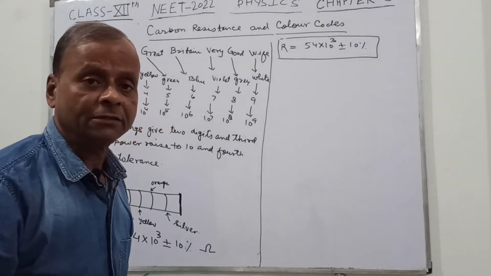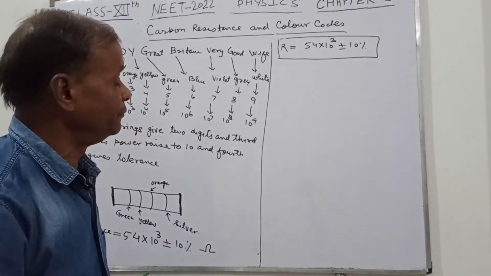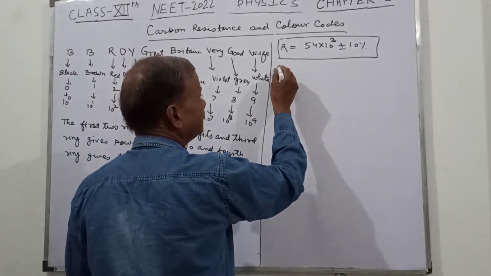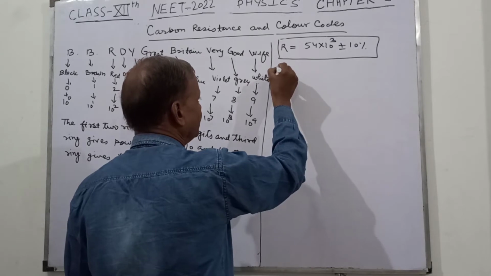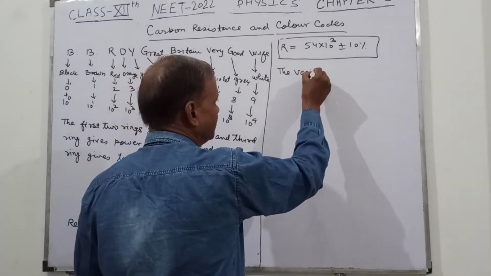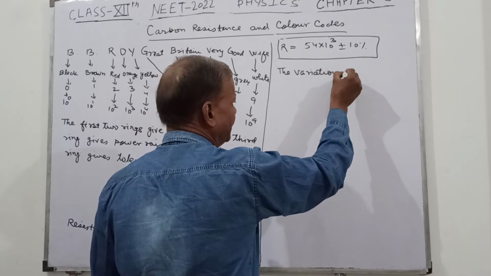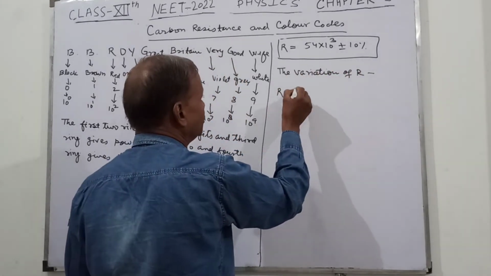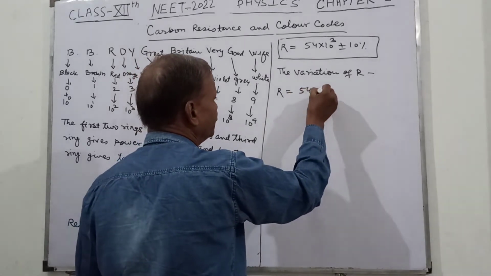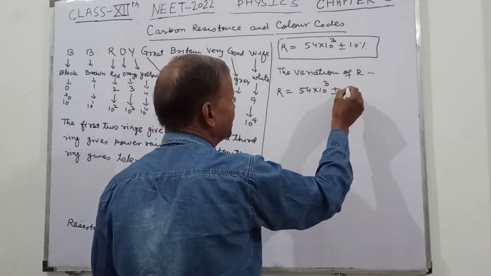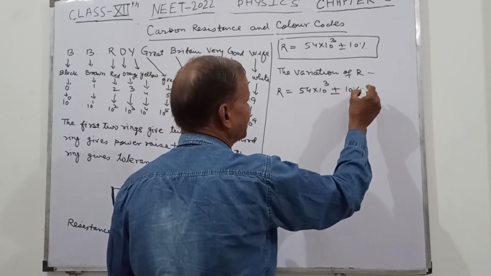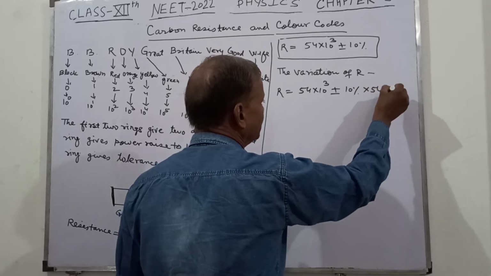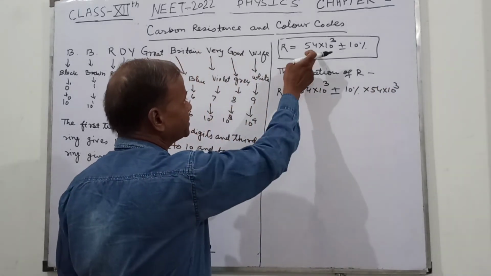Then we have to find the total value of R, the variation of R. This is how we will find. R is equal to 54 into 10 raised to the power 3 plus minus 10% of 54 into 10 raised to the power 3. So we take 10% of this.